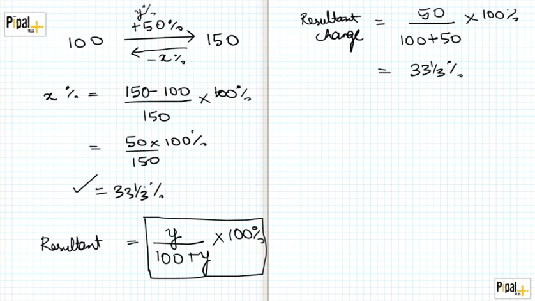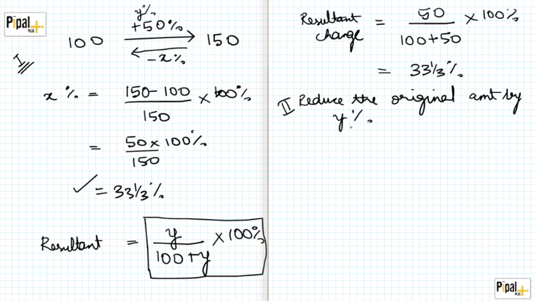Now there could be a situation where we have reduced the original amount. In the previous situation we increased the original amount. Now let's reduce the original amount by y percent.